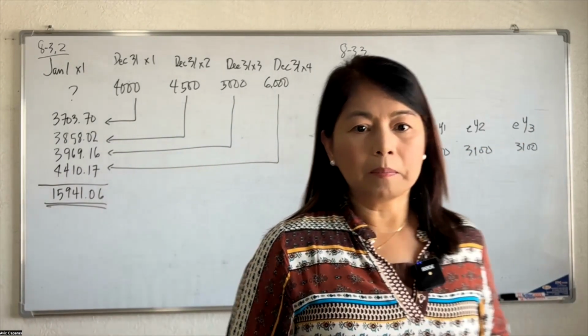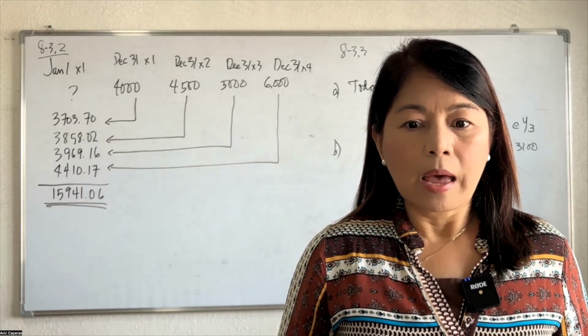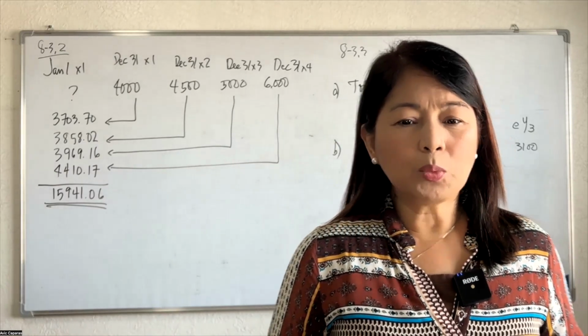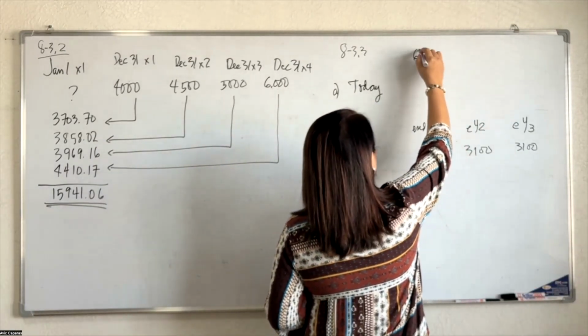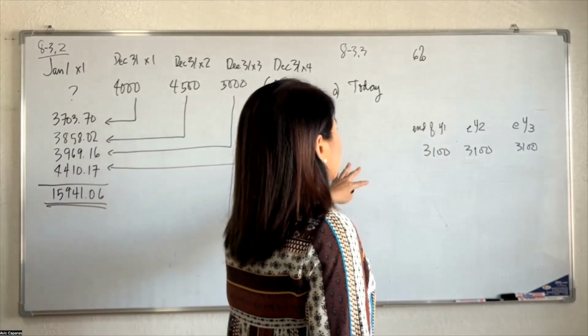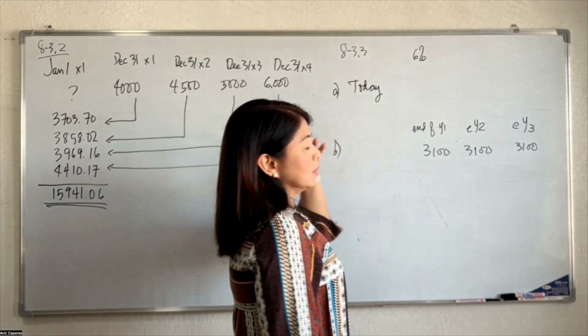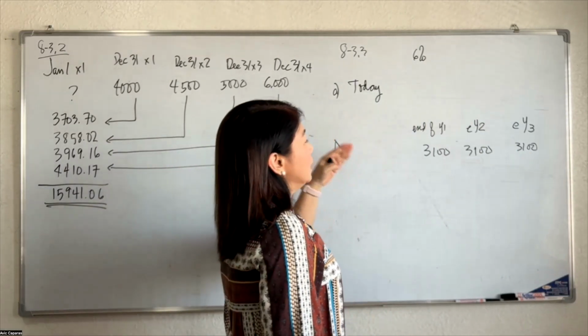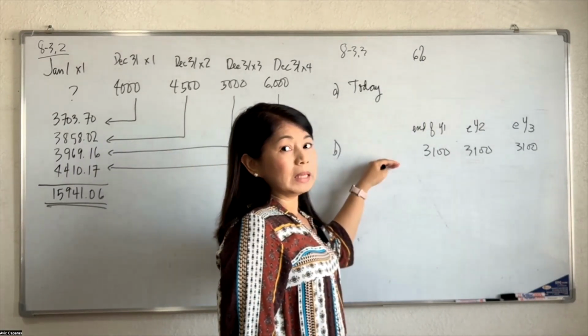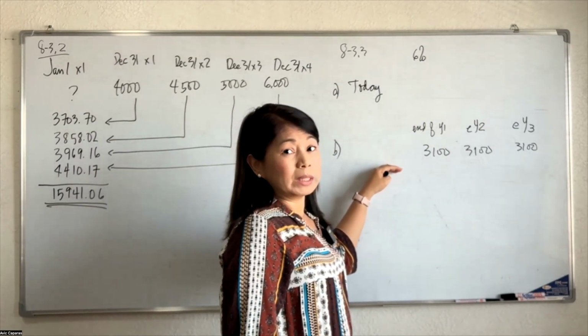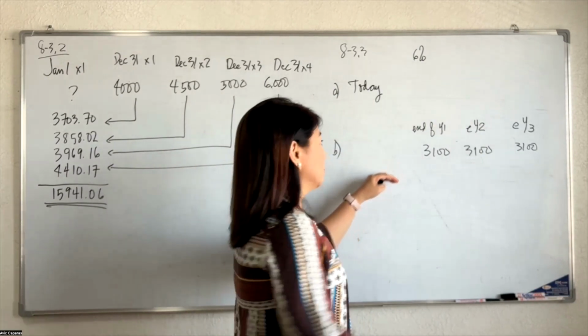And the interest will be 6%. So the question is, are you willing to receive money today or installments of 3,100 at the end of every year? This is today.